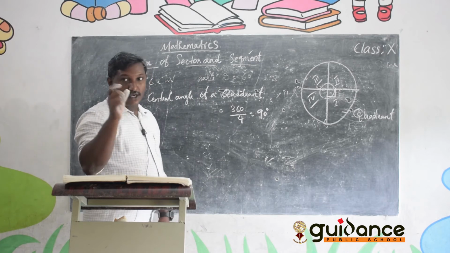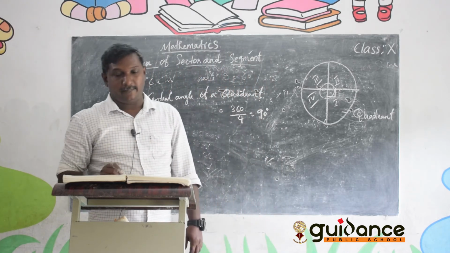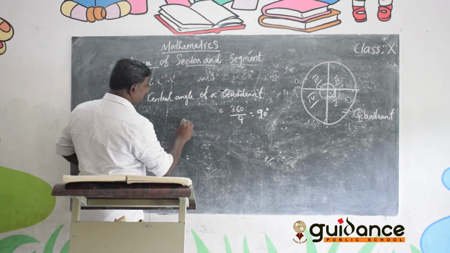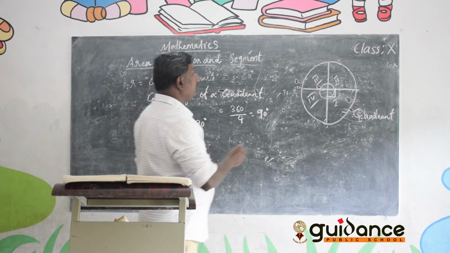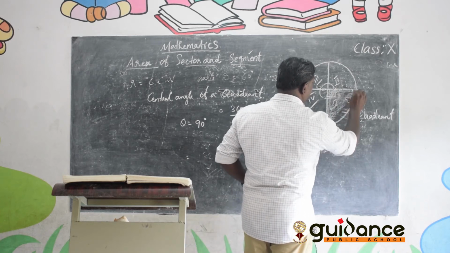So always remember the center angle of a quadrant is 90 degree. So theta we can consider as 90 degree. We take one portion, then it will be a sector.